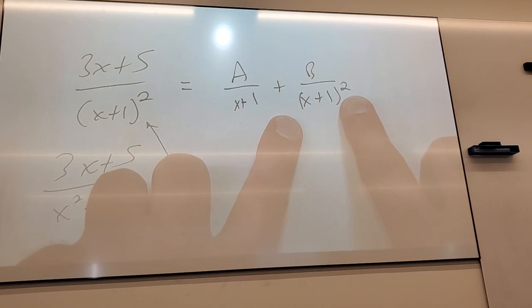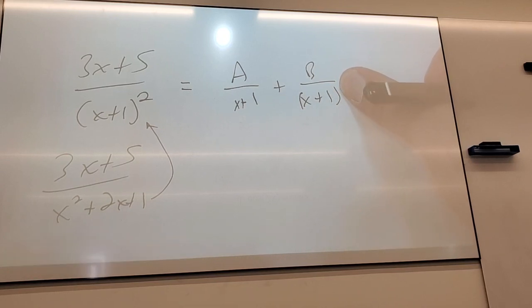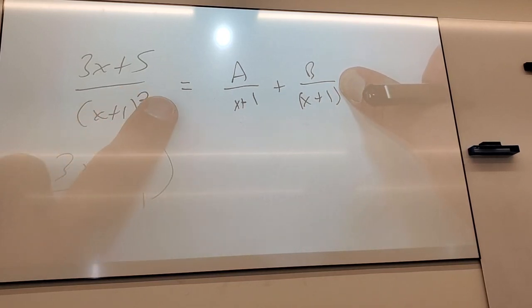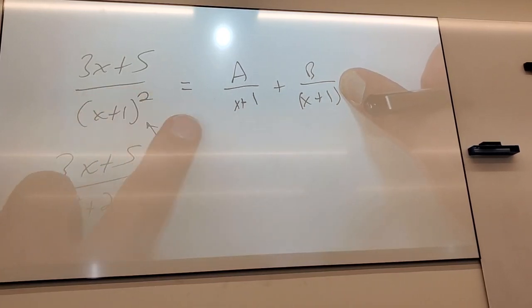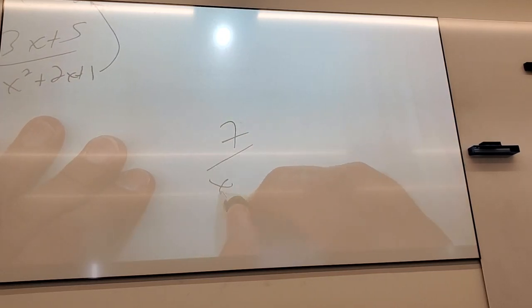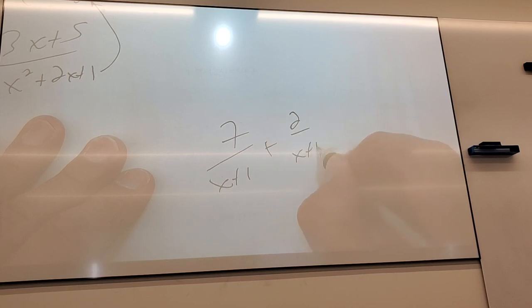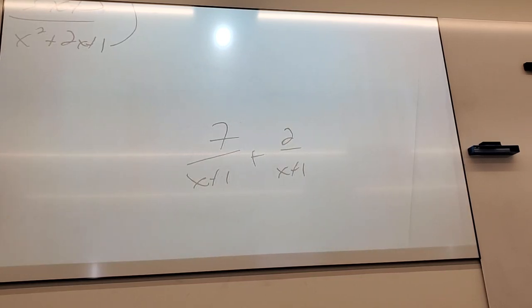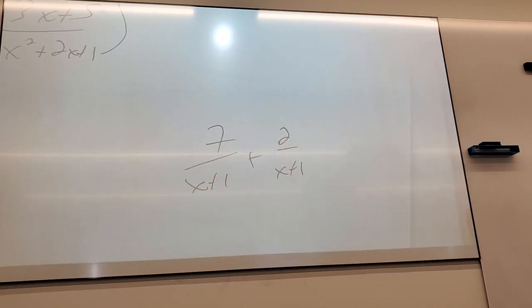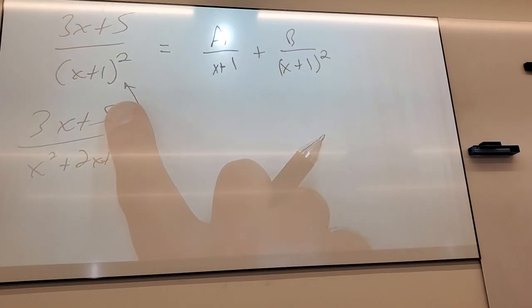Why does one have to be squared? If that's not squared, why in the world, after I put them together, would the bottom be squared? So for example, if I had 7 over x plus 1 plus 2 over x plus 1, what is that? It wouldn't be squared, it's just x plus 1. It's 9 over x plus 1. There's no reason it would be squared.